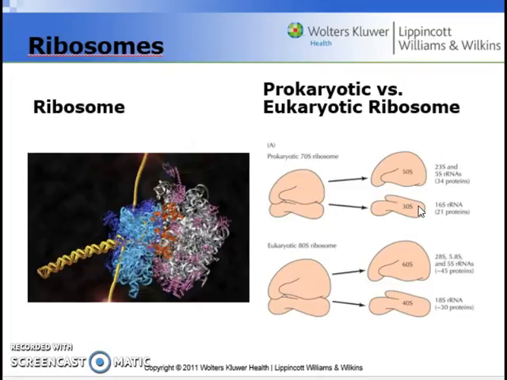So that's why it's important for us to know the differences in the ribosomes between eukaryotic organisms and prokaryotic organisms, because if you have a prokaryotic organism harming a eukaryotic organism through infection, you can easily target these ribosome structures with an antibiotic to get rid of that prokaryotic organism, which is what we've been doing for a couple decades now.